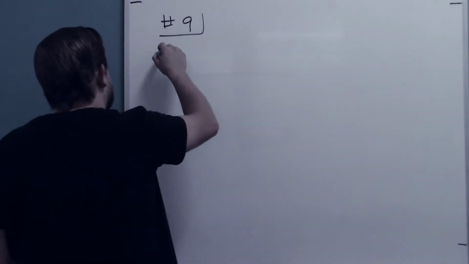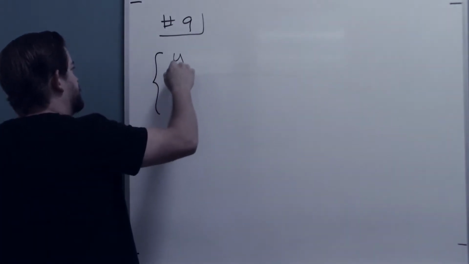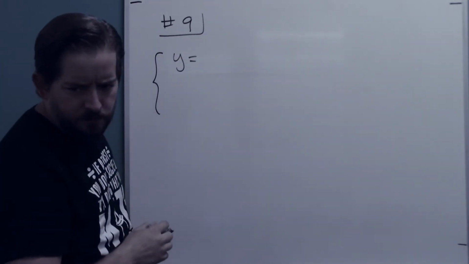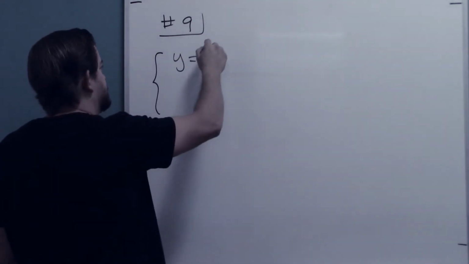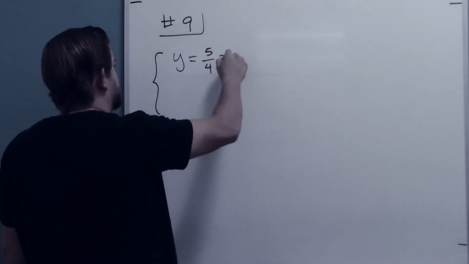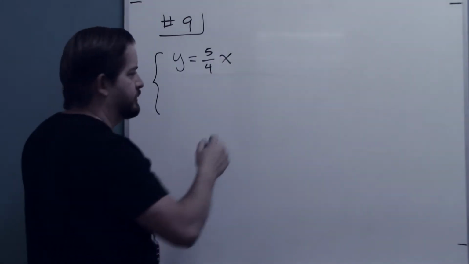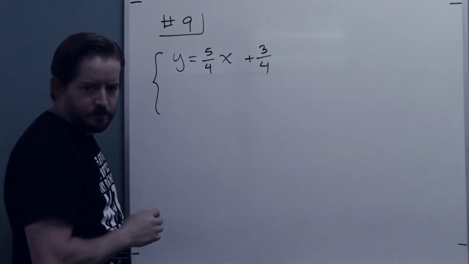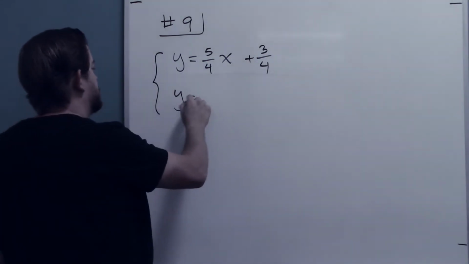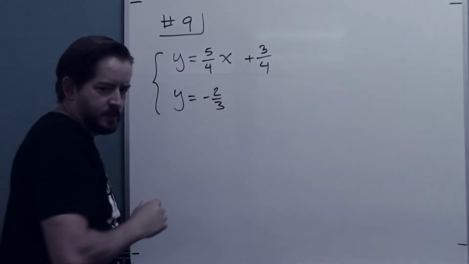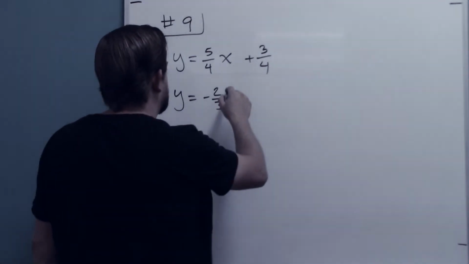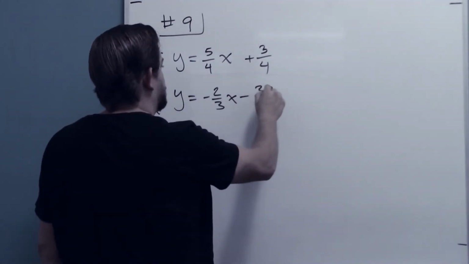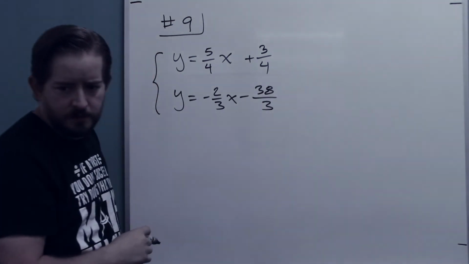But my system is y equals 5/4 x plus 3/4, and y equals negative 2/3 x minus 38/3.